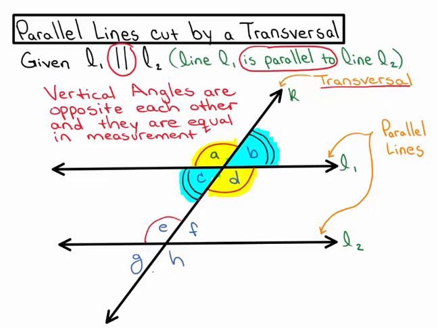Angle E is a vertical angle with angle H. So these two angles are equal in measurement. And angle G is a vertical angle with angle F. So these two angles are equal in measurement.